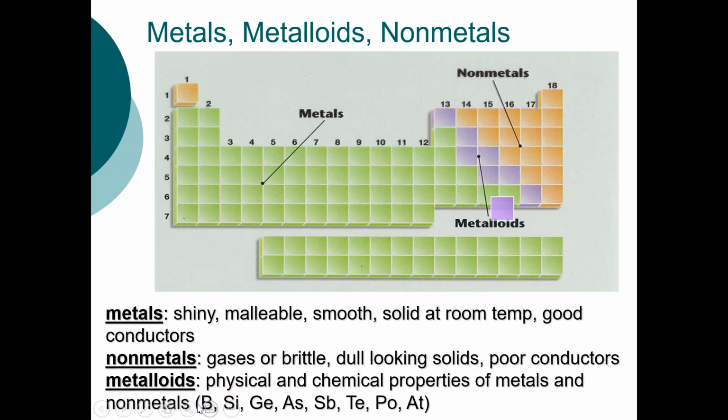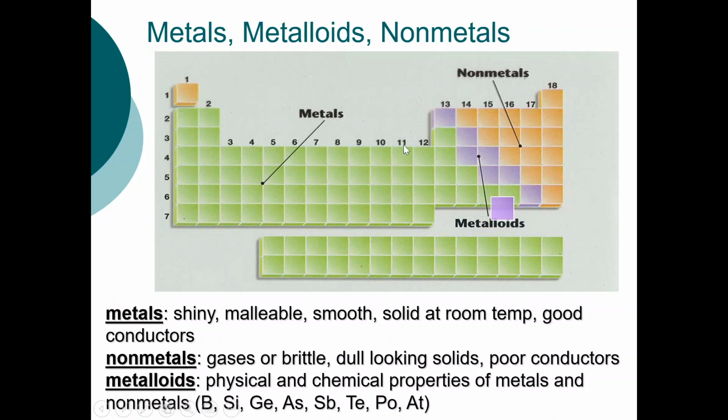And like I said before, metalloids, like silicon, have physical and chemical properties that could make them metallic in character or non-metallic. Like silicon, shiny, lustrous, like a metal. It's also conductive, but it's very, very brittle, which is not a property of a metal.